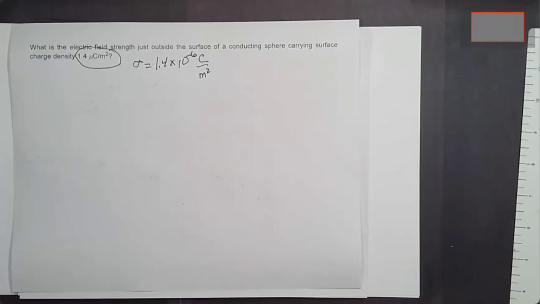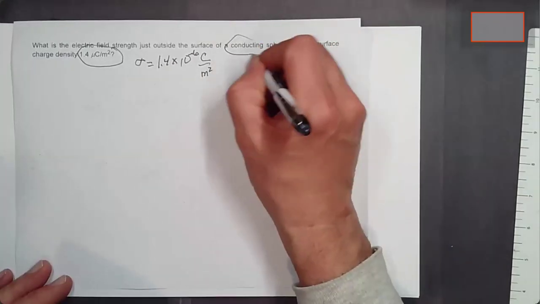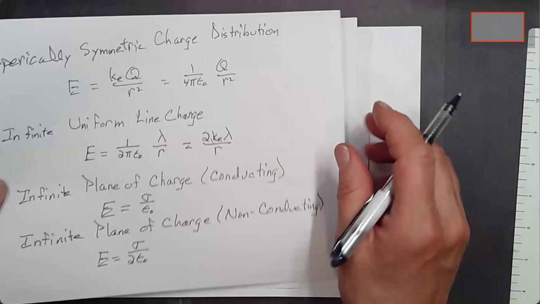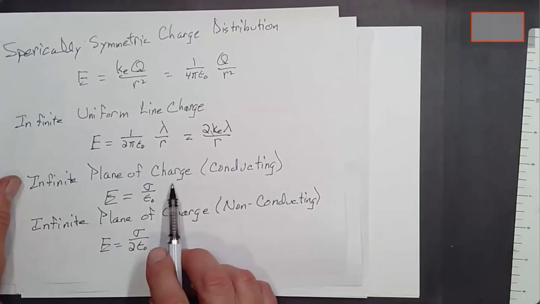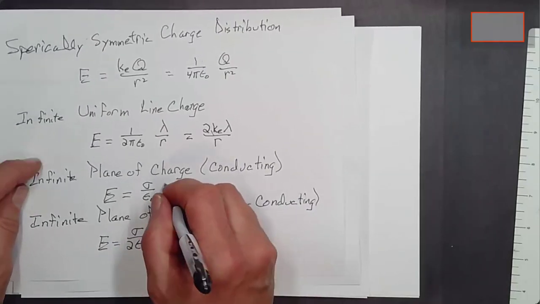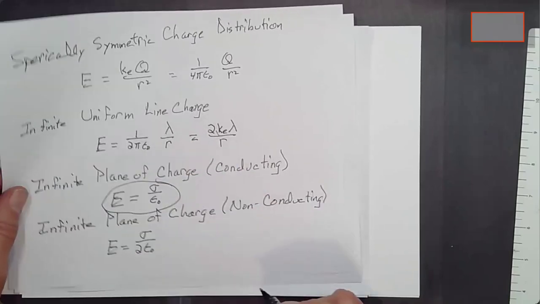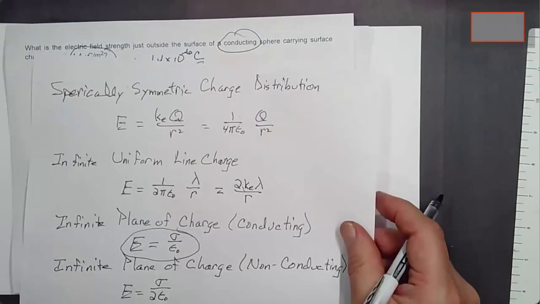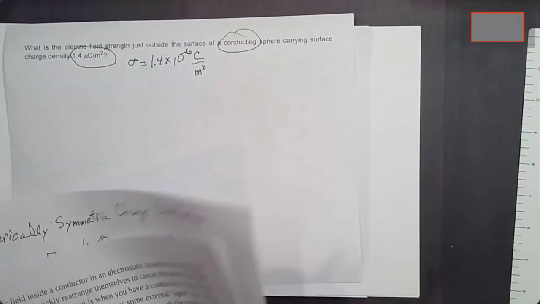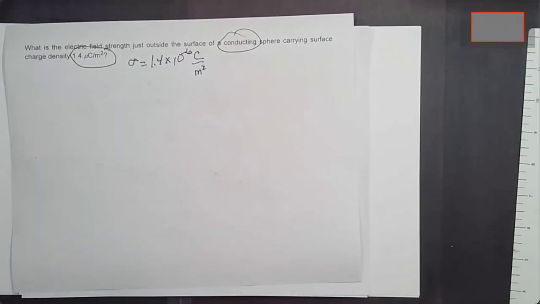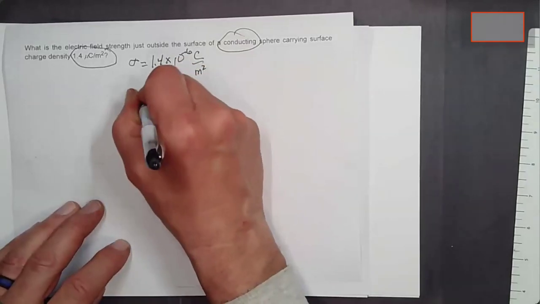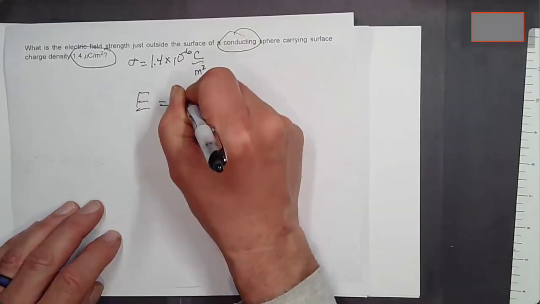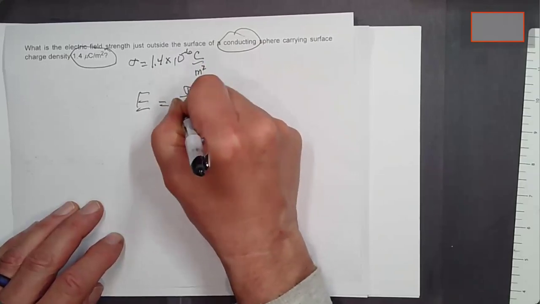That means it's a conducting sphere, so we can think of it as an infinite plane of charge, and in that case, the electric field is just sigma over epsilon naught. So let's do the calculation for this thing. E will equal sigma over epsilon naught.